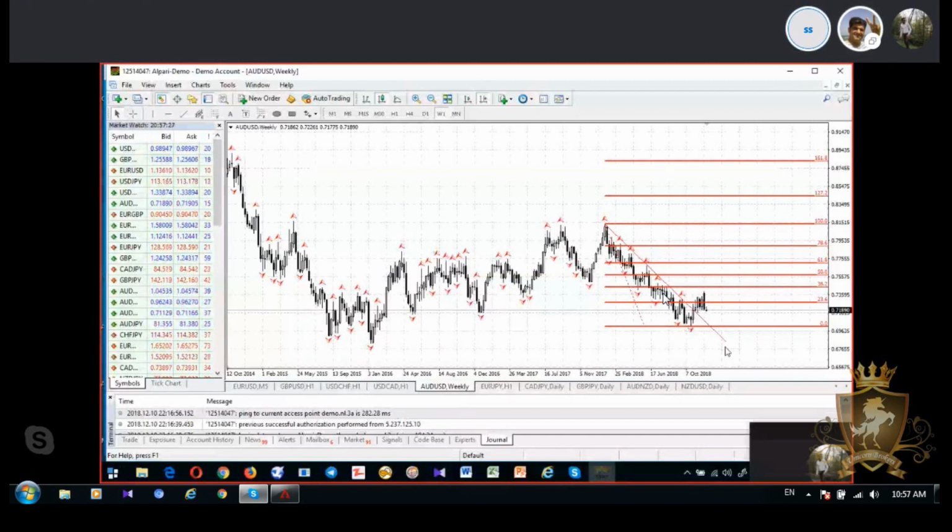Draw a parallel line at the low, the last low. And here, on the 7th of October 2017, we have a low. No. The low. Get it lower, I will tell you.